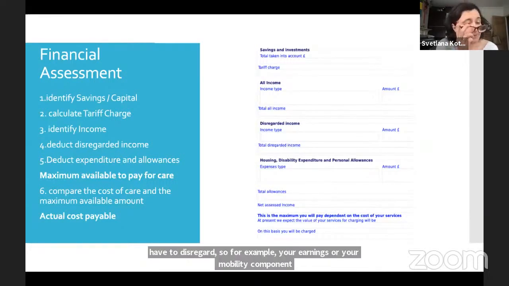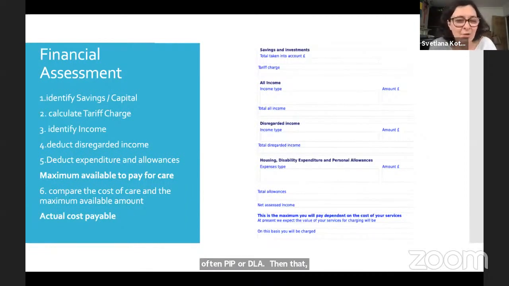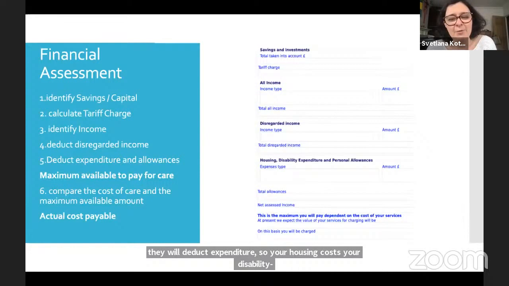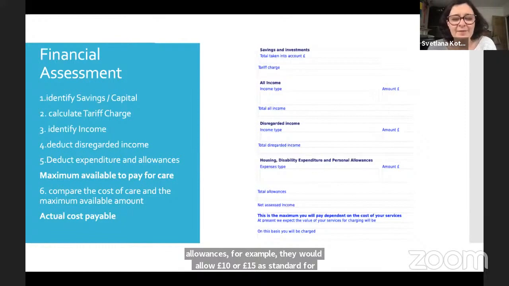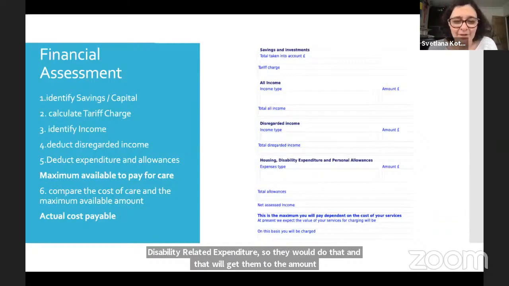And then they will deduct expenditure, so your housing costs and your disability related expenditure. And we know many local authorities have some allowances, so for example they would allow £10 or £15 as standard for disability related expenditure. They would do that, and that will get them to the amount which they call the maximum available amount to pay for your care.